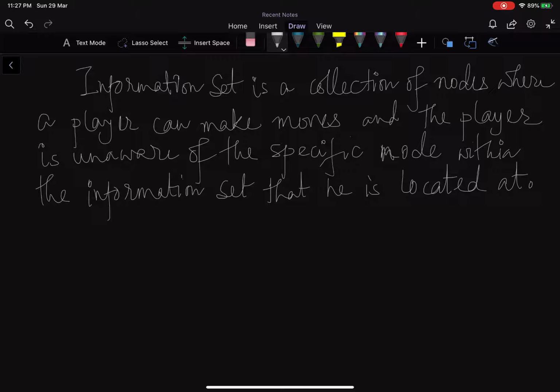So information set refers to a collection of nodes where a player can make moves. So it refers to a set of nodes where the same player can make a move.